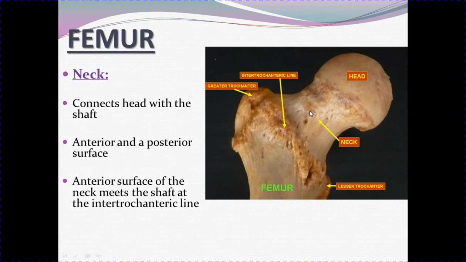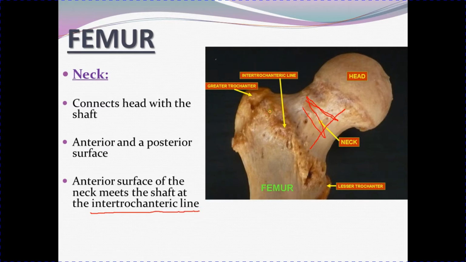The second characteristic feature present in the upper end is the neck. The neck actually connects the head with the shaft. It has an anterior surface and a posterior surface. Now look at the figure. The anterior surface of the neck meets the shaft at the intertrochanteric line.